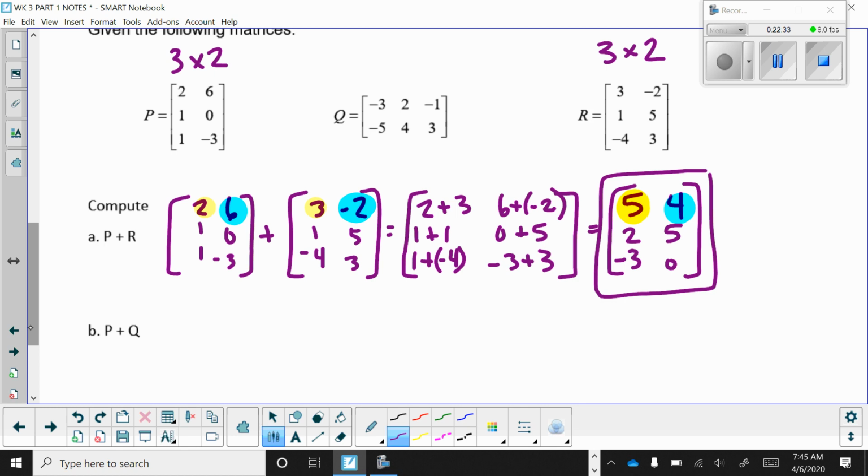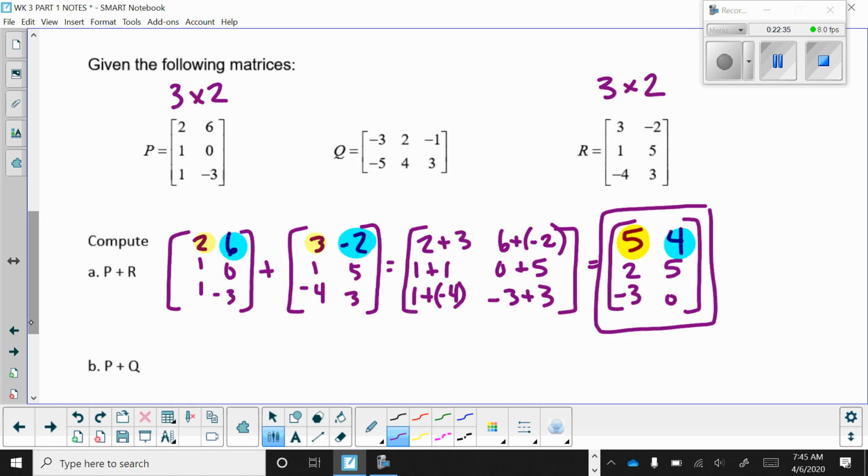So hopefully the first thing you checked was the dimensions. So we already know matrix P is 3 by 2. Matrix Q is 2 by 3. And we talked about when you're adding and subtracting, the dimensions have to be exactly the same.